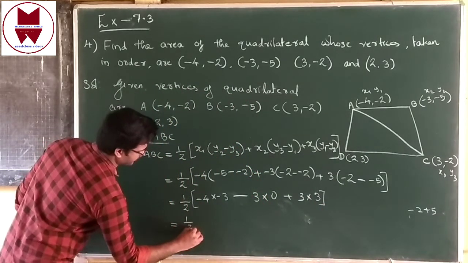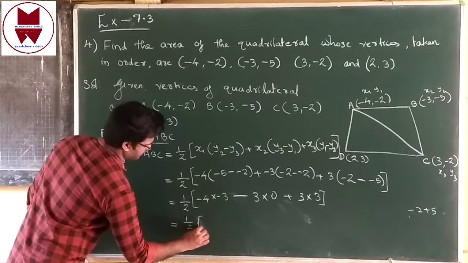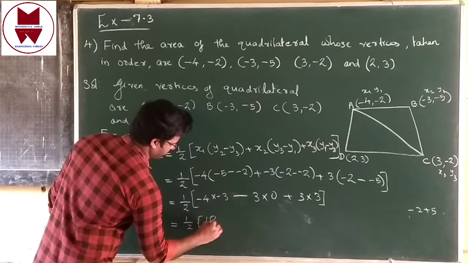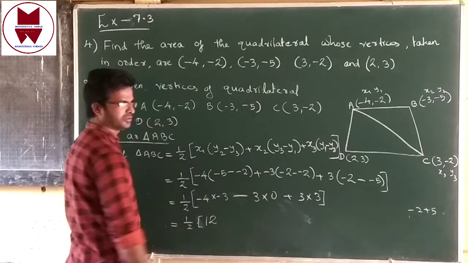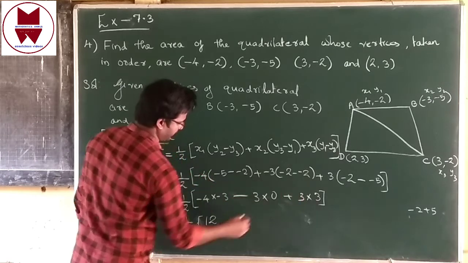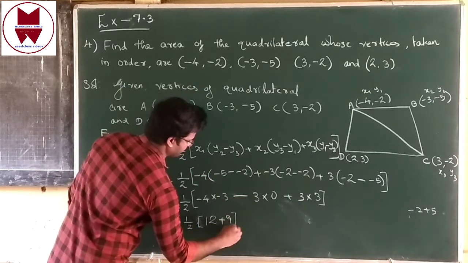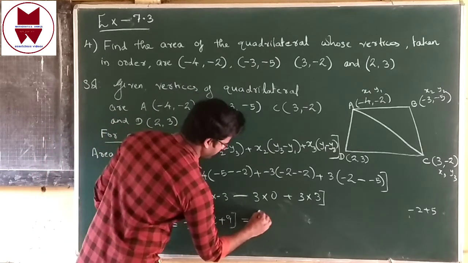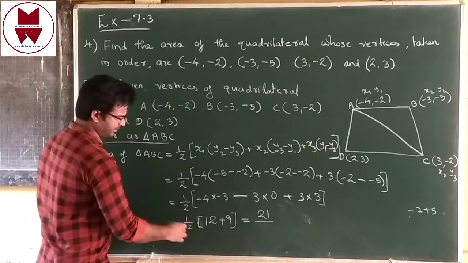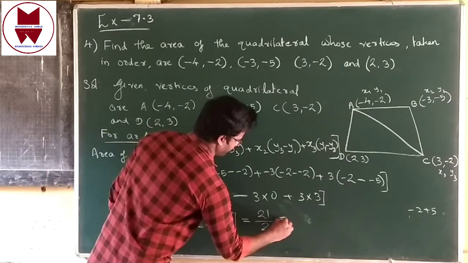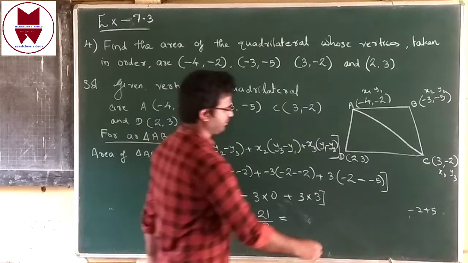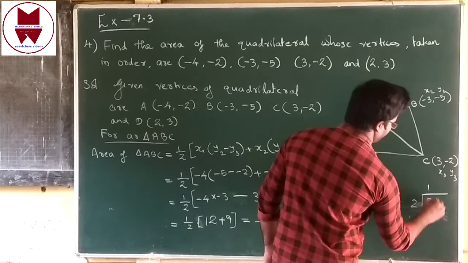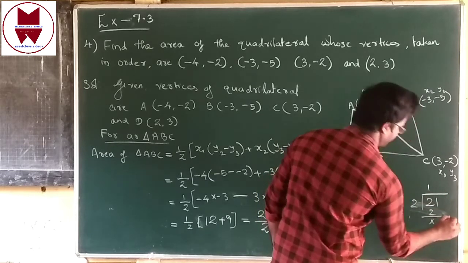Equal to 1 by 2 into [-4 into -3 plus 12]. Then 3 into 0 will be 0. Then 3 into 3 is 9. Equal to 12 plus 9, we will get 21, divided by 2. How much will you get for 21 divided by 2? Check it. 21 divided by 2: 2 into 1 one time, then 2, nothing, write 1 downside.